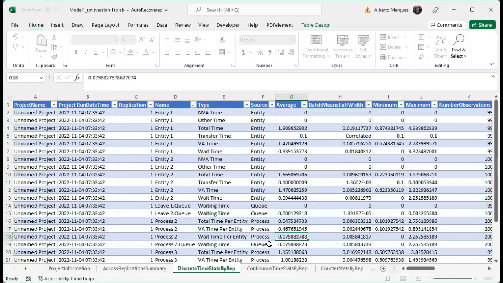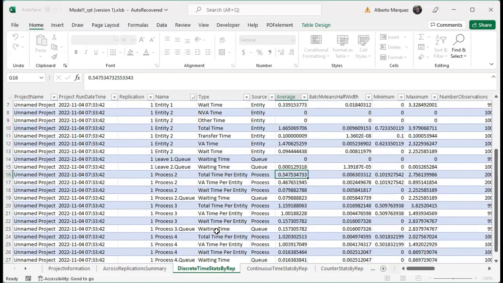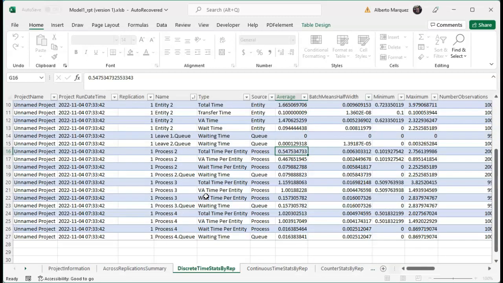And that number is repeated because the time in the queue is exactly the waiting time. So if you add either of these two rows to the value added time, you have the total time in process 2 for both entities actually, because there is no separation by entity. We have the same set of statistics for process 3, and then the statistics for process 4.